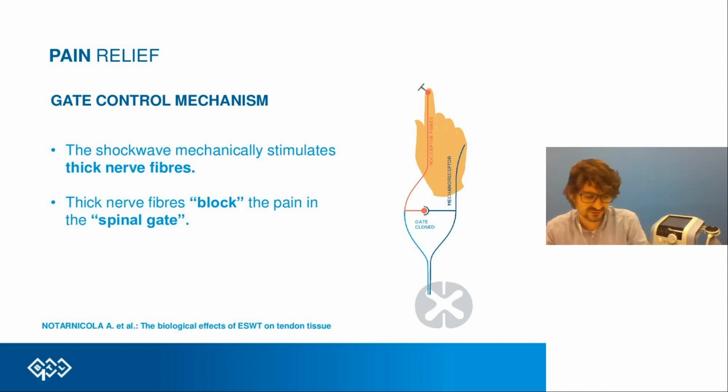But why do we have these results immediately after the therapy? It is explained by the gate control theory, or gate control mechanism, which is one of the most common pain theories, and it's based on the fact that we have different nerve paths. We have a path that is leading the pain.